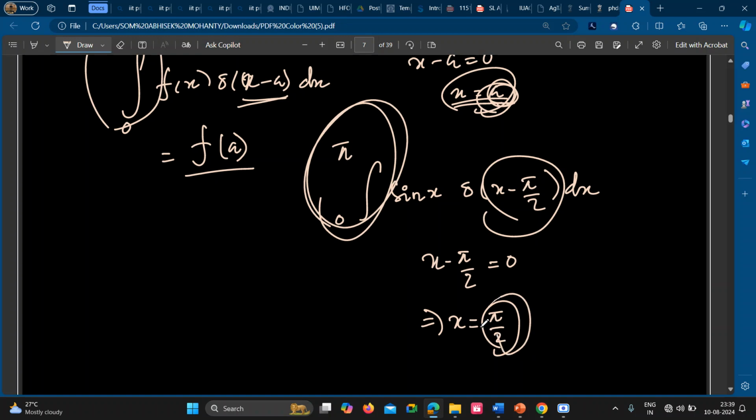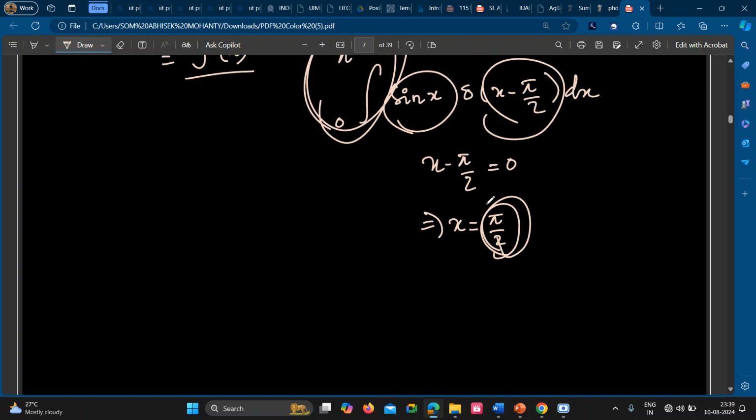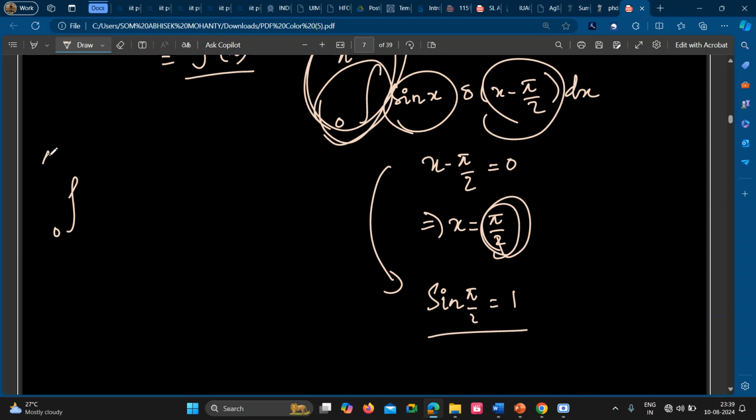So I put π/2 in sin x, and the answer is sin(π/2), which is 1. If this does not fall inside the limit, then the answer will be 0.